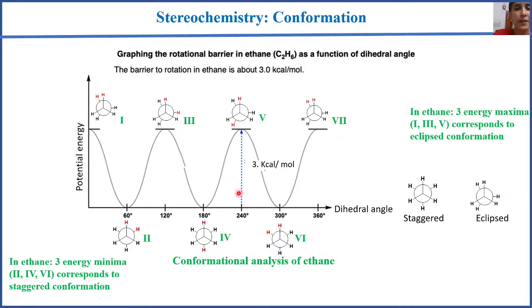The energy barrier to rotation in ethane is about 3 kilocalories per mole. As shown here, the potential energy difference between eclipsed and staggered is 3 kilocalories per mole.